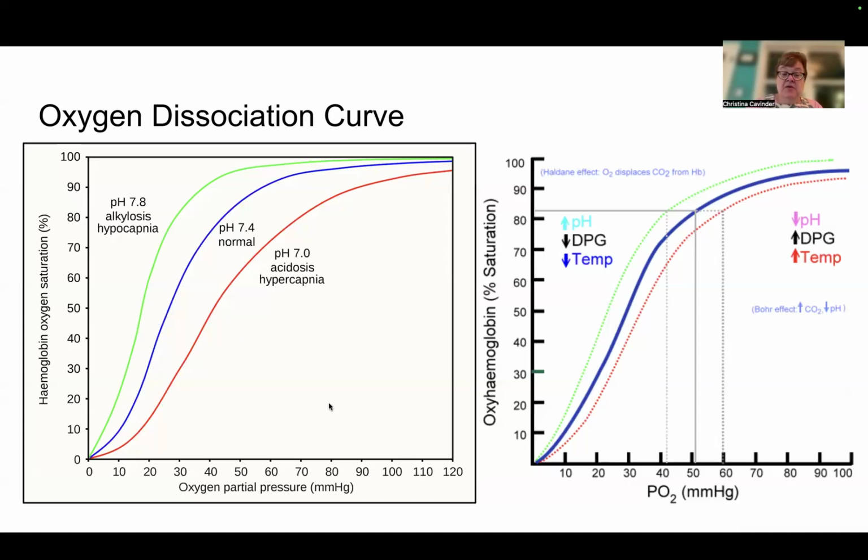But this is where I really want you to look here. If you've got those patients who come in chronic lung, high CO2, their oxygen dissociation curve has moved to the right. So it doesn't take much to get their PO2 up, but we don't like the acidosis either because there are other things that are going to be a problem.